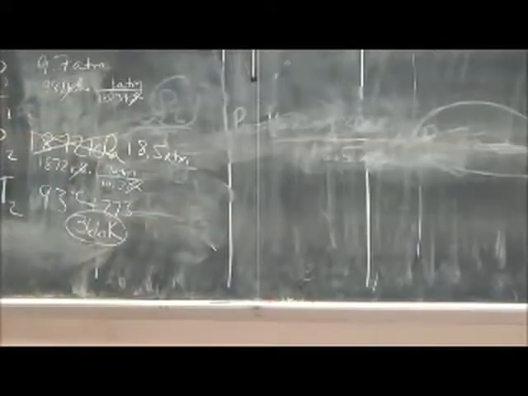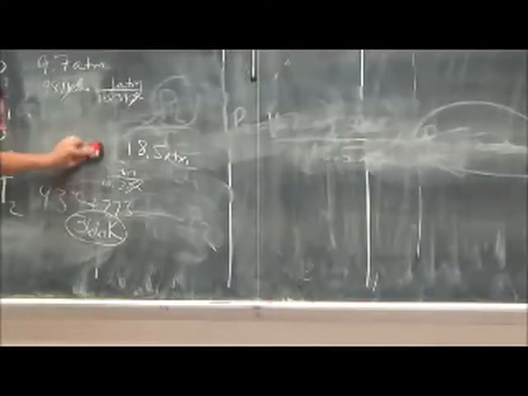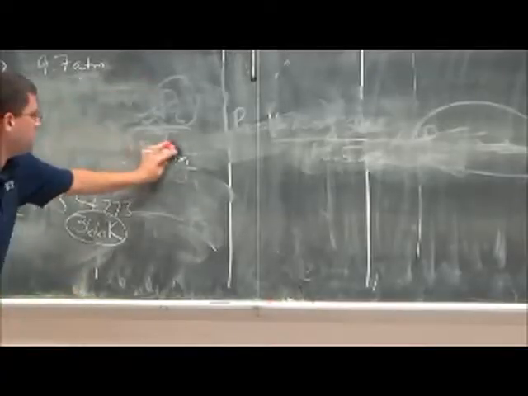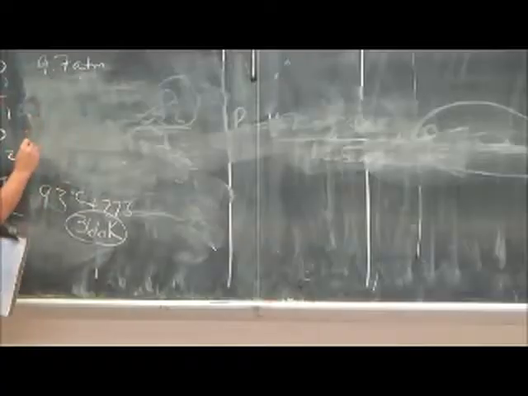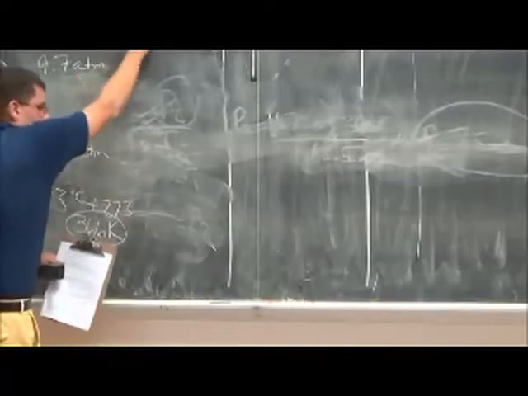Okay? So let me clean this up now. You see how we did that? I'm going to clean this up so you see the new numbers we're working with. I'm going to erase this, and that too, just so it looks cleaner. We've got 18.5 atmospheres.